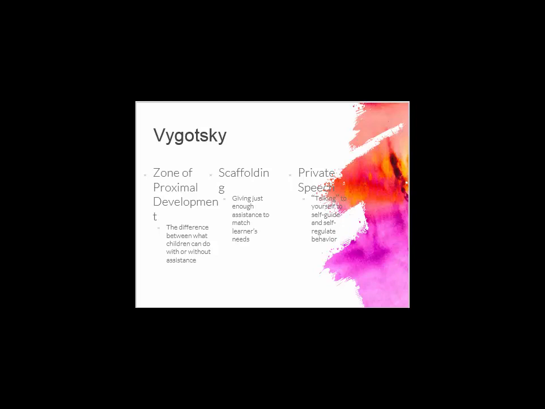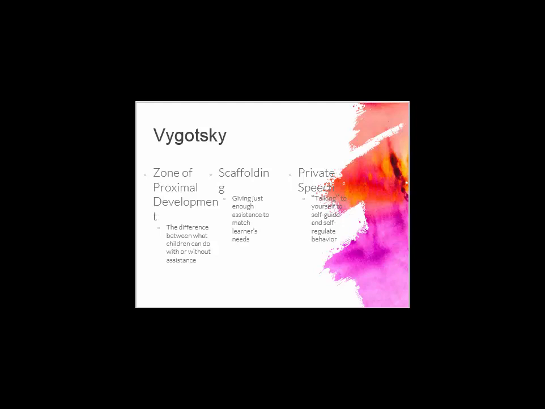So Vygotsky believed that children's learning takes place in this zone. So there's a range of tasks too difficult for the child to do alone, but possible for the child to do with help of adults or more skilled peers. The idea is that teachers should provide learning experiences that are within this zone and that this can help maximize achievement.